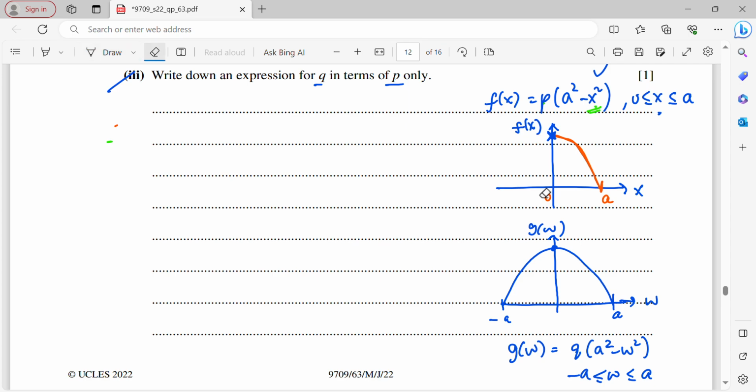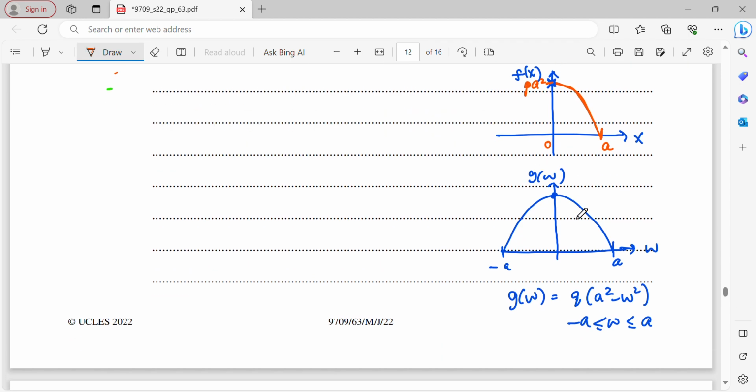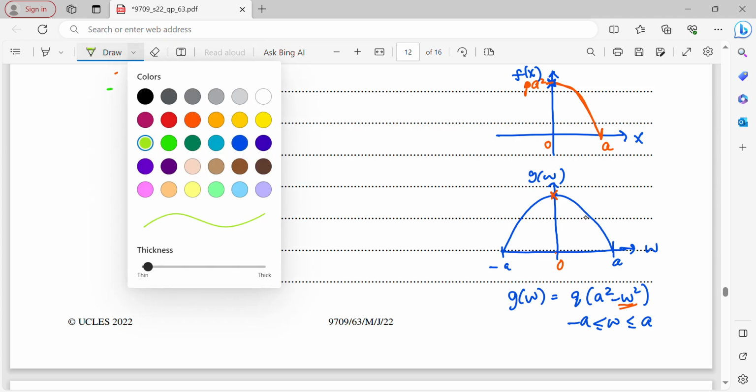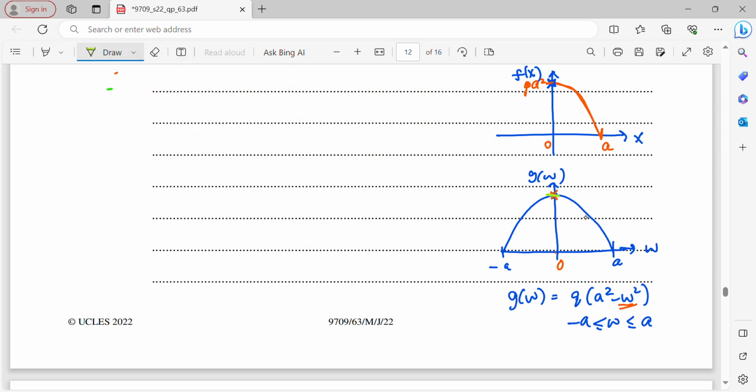Now, same for the GW. At this point, w equals 0, so I'm getting QA squared. So this point is going to be QA squared.